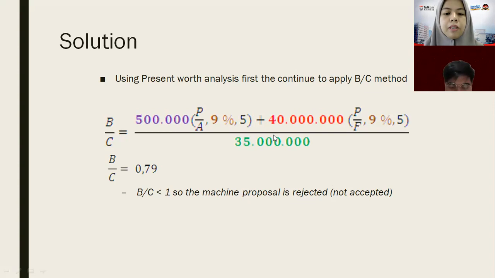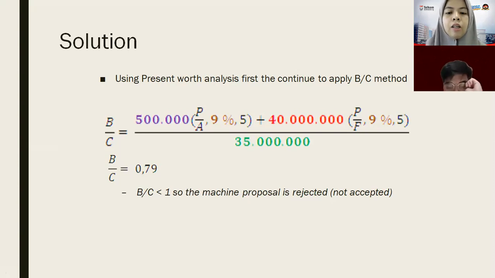Okay, 35, and then it ends up with 0.79. It means that purchase, that activity, is not profitable, because it is less than the targeted threshold. Got it?